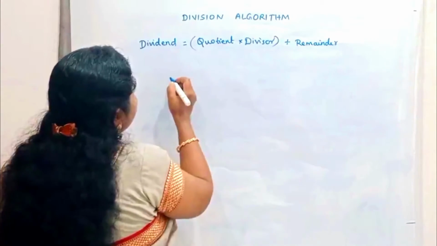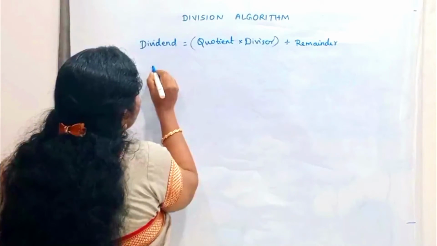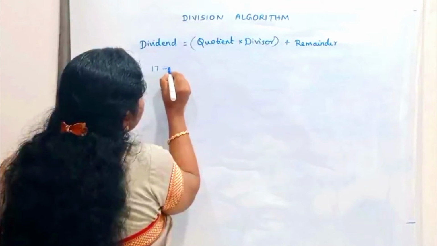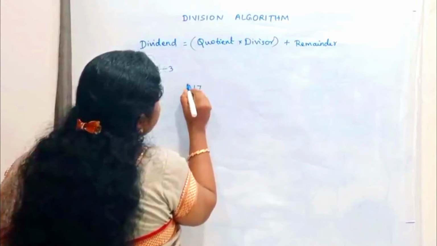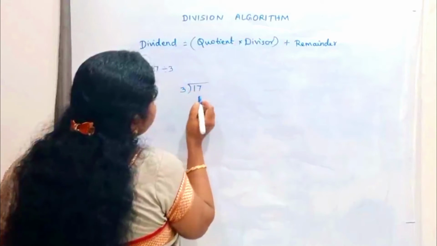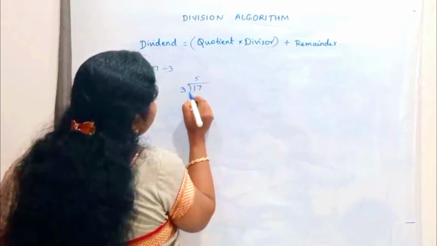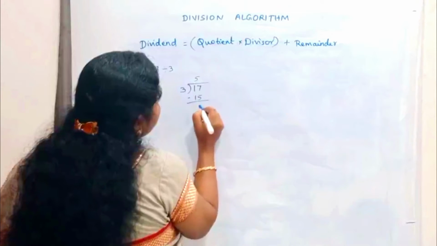For example, if we have a number 17 divided by 3, we'll proceed in this way. 17 divided by 3, and we'll get 5, 3 fives are 15 and the remainder is 2.